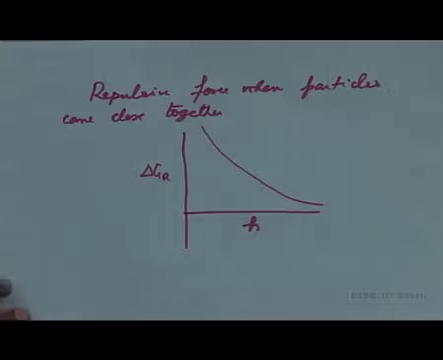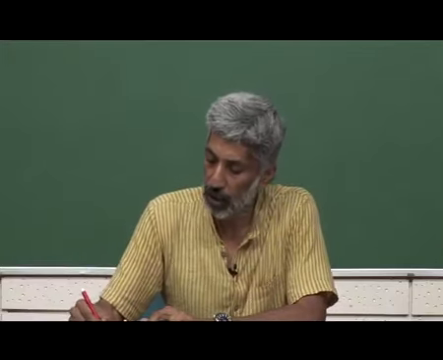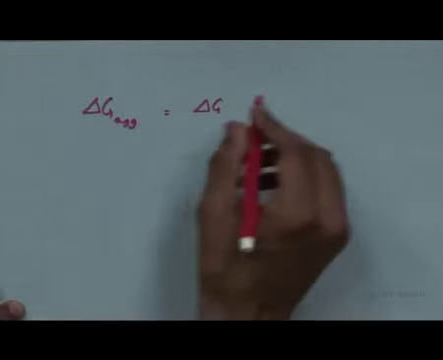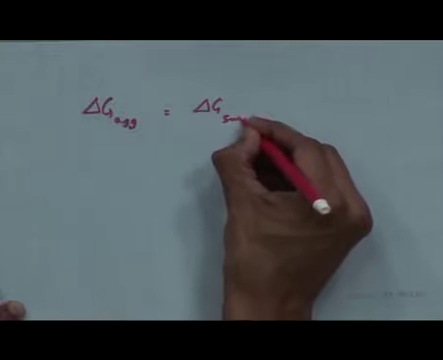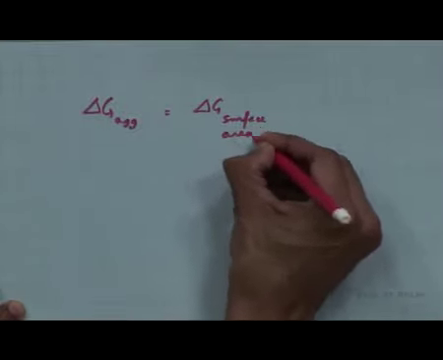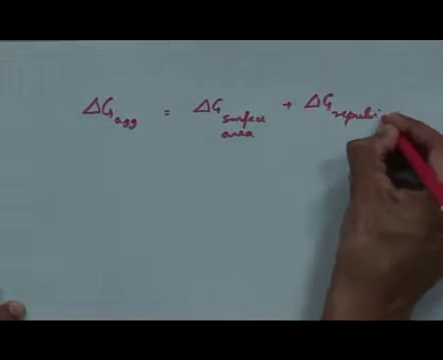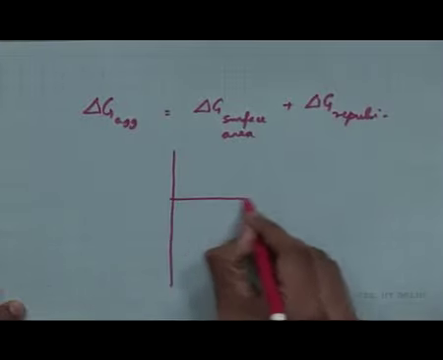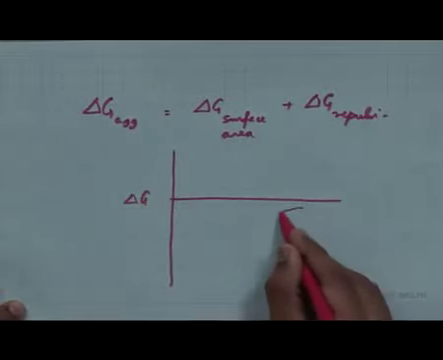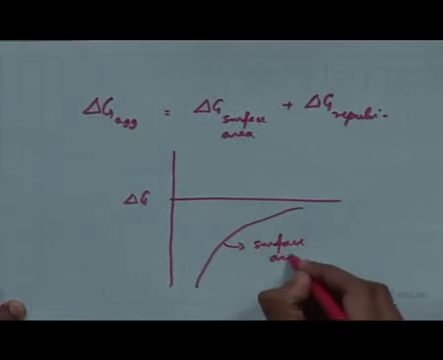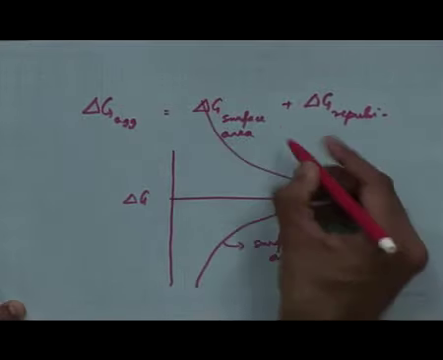The total energy, the delta G for this aggregation, is the sum of the delta G arising from the surface area contribution, which is this attractive force, plus the Gibbs energy change arising from the repulsion, which goes like this.